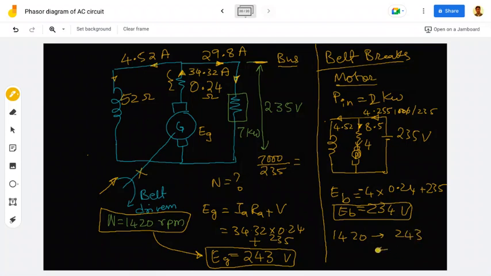So then 234 volts should give how many RPM? Just cross multiply: 1420 multiplied by 234 divided by 243 is 1367 RPM. So under motoring operation, the speed is 1367.